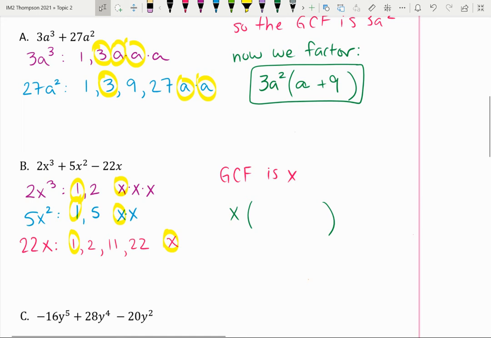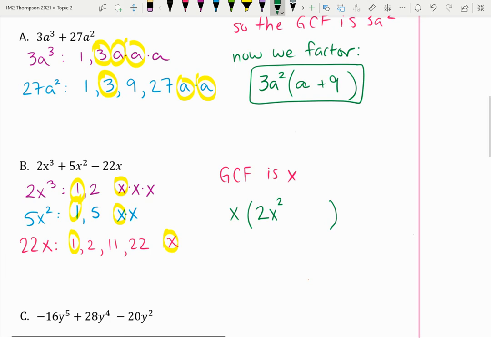Here we go. I have 2x cubed dividing by 1x. So 2 divided by 1, that's still just 2. X cubed, I take away an x, and I'm left with x squared. Wait, why did you take away the x? Because it was my GCF.